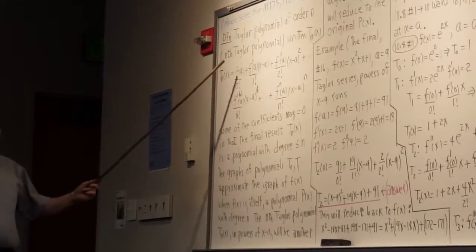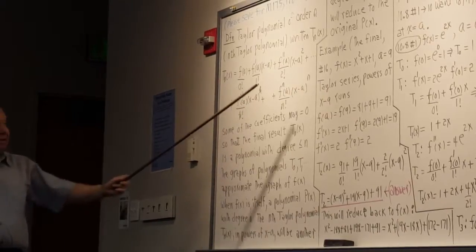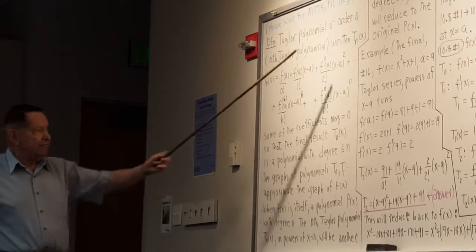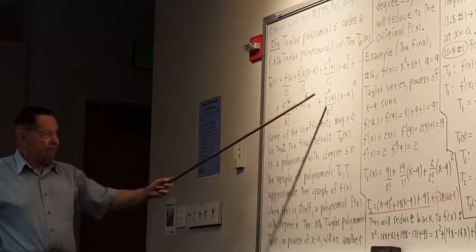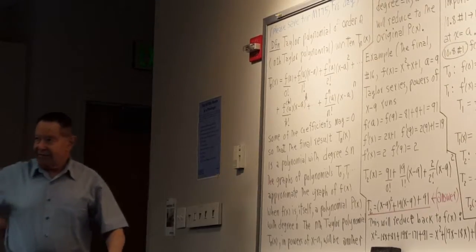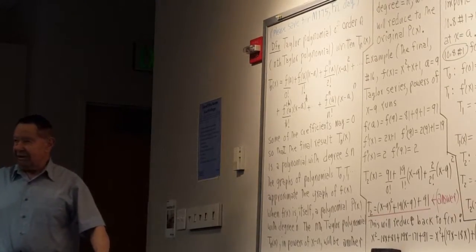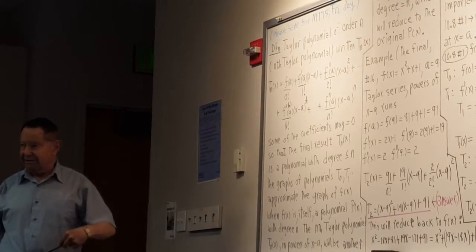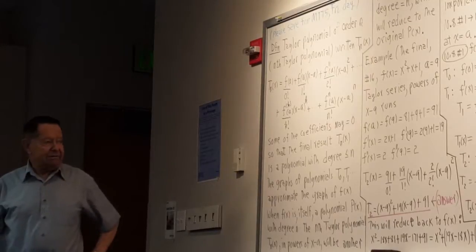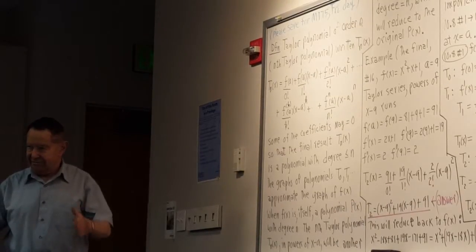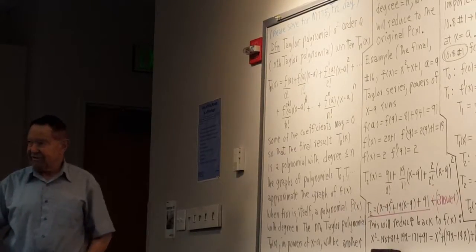Whereas the Taylor series itself would not stop unless you were working with a function where from some point onward all the derivatives are 0. If your function is itself a polynomial, then the Taylor series will stop, because for a polynomial of degree n, the n plus first derivative becomes 0, and the rest of them are 0.